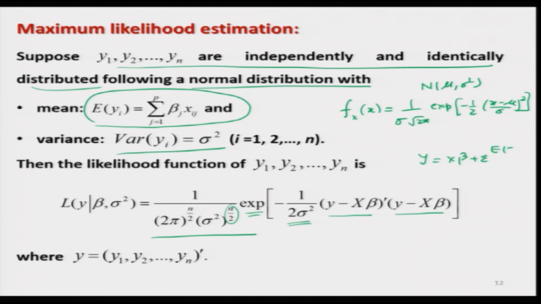that expected value of epsilon is equal to 0 and the covariance matrix of epsilon is sigma square I, that means the variance of all the epsilon i's is sigma square. In this case, expected value of y is going to be x beta, so that is equivalent to mu, and variance of y is going to be sigma square for all i, and the covariance is 0 because they are independent.